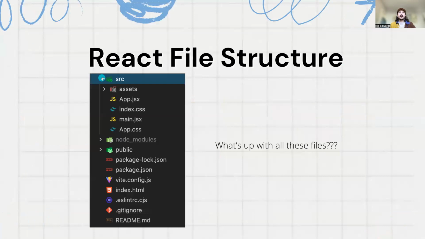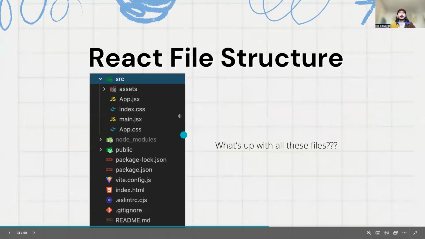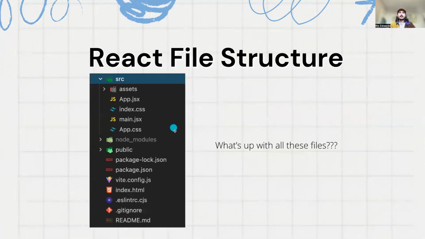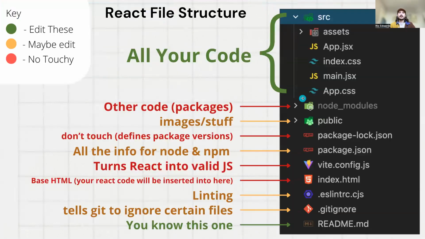Okay, now to get to the file structure. So in your React app, you have all these files, and it's a lot. What do all of them mean? Well, I'll briefly touch on all of them, and then tell you really you don't need to worry about most of them. So what are all these files?